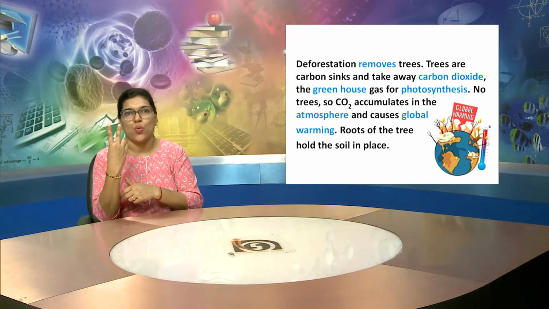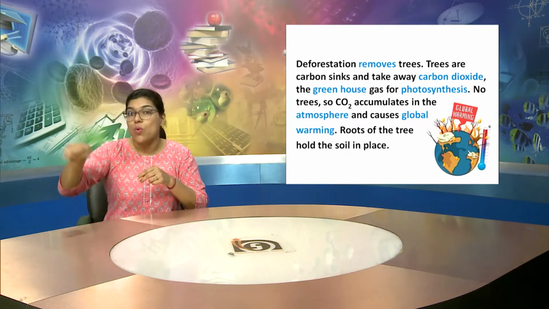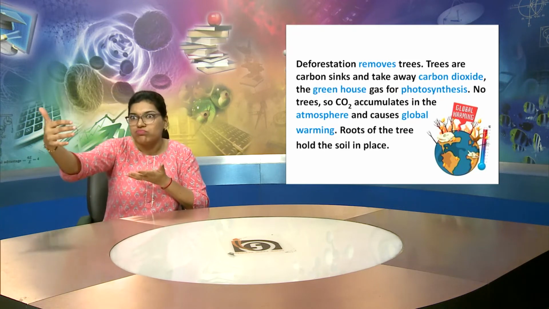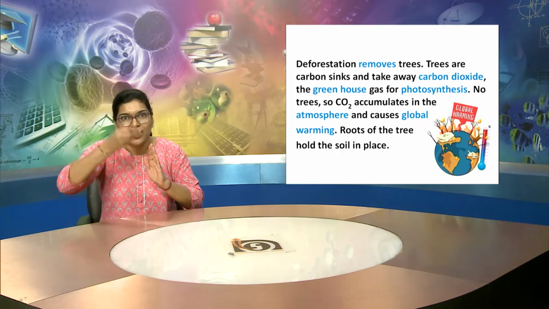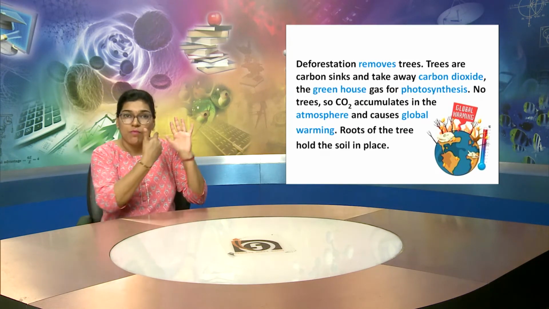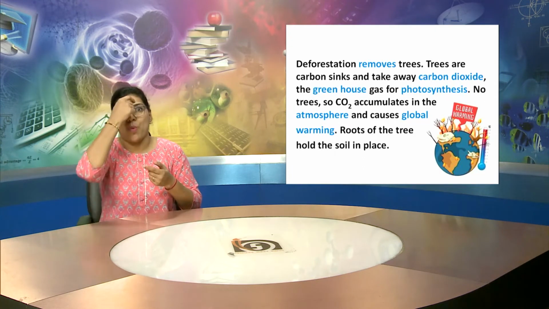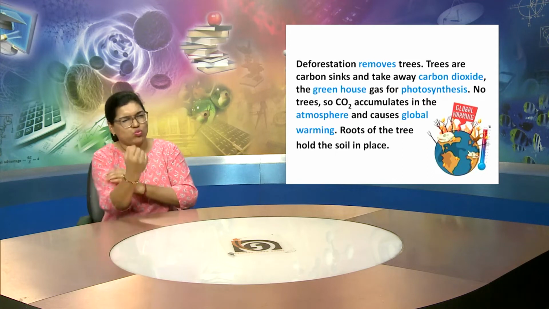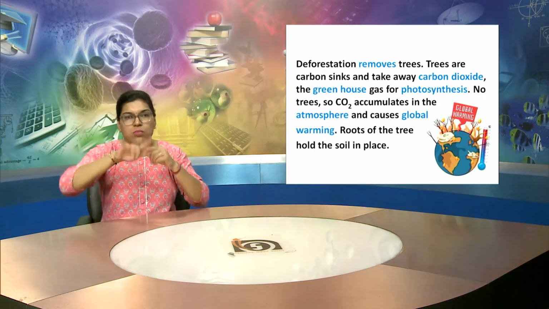And we know that trees are carbon sinks, as they take away carbon dioxide, the greenhouse gas, for photosynthesis. So if there are no trees, then carbon dioxide will get accumulated in the atmosphere and it will cause global warming.